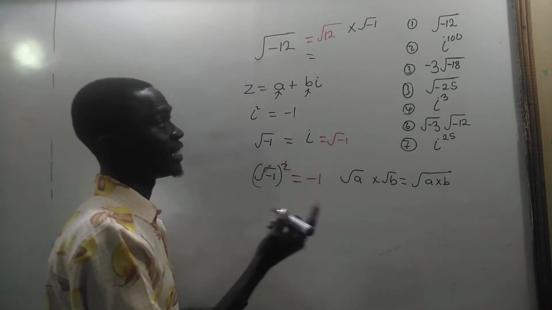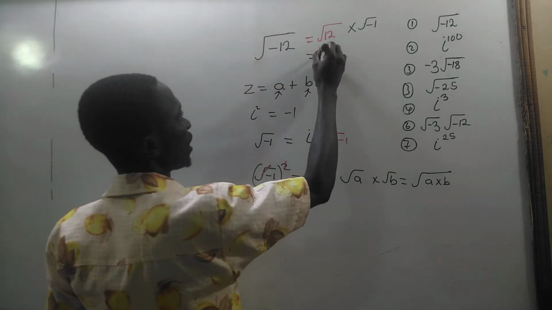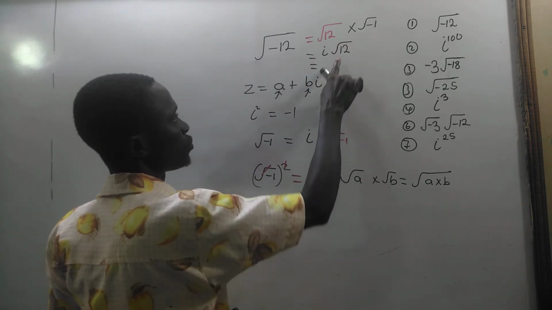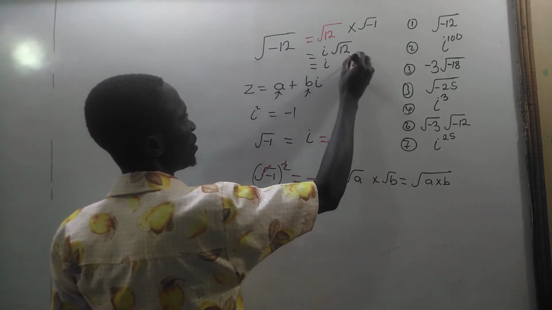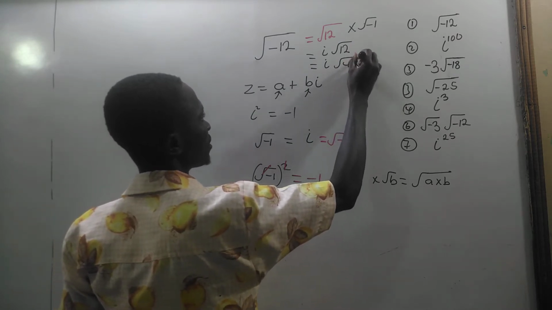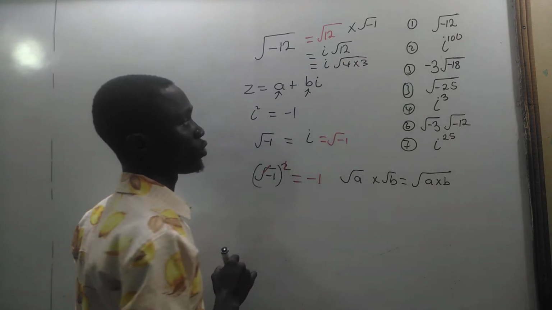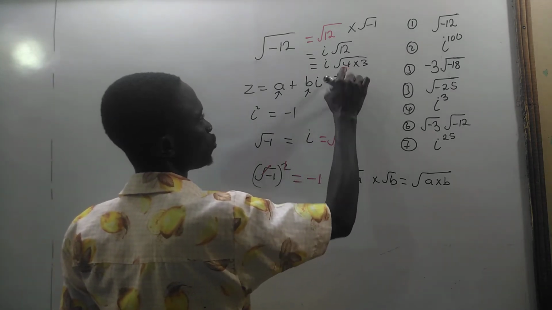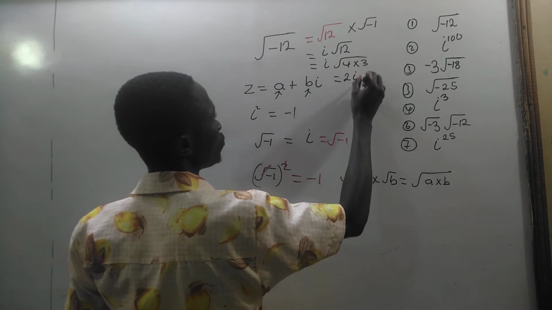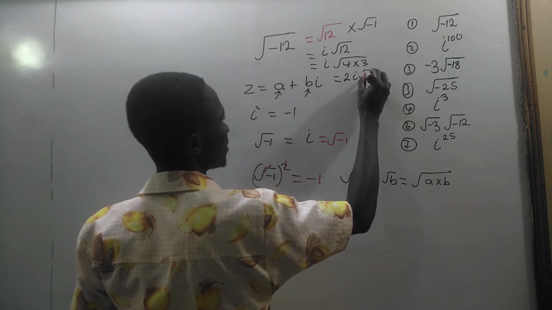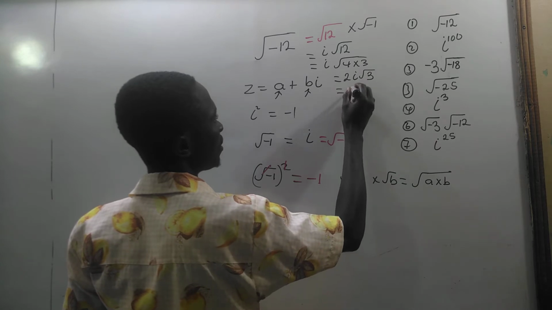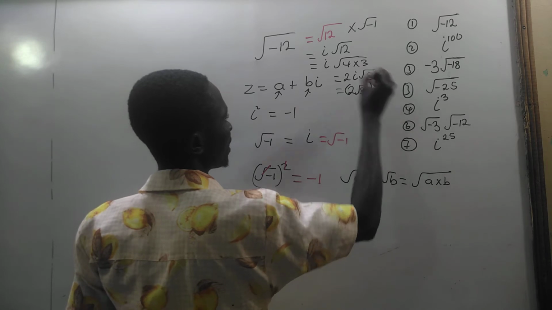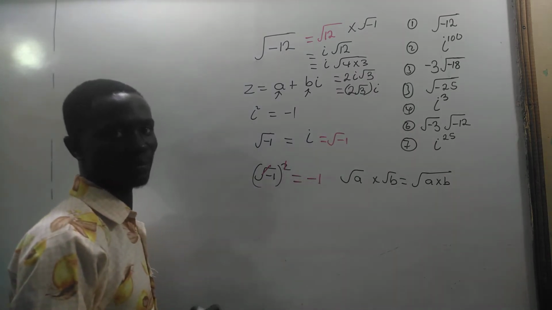Other people use j, but we are using i. So you're going to have i root 12, which is equal to, root 12 is the same as root of 4 times 3, and now root 4 is 2, so you are going to have 2i root 3, which can be written as 2 root 3, then you can bring the i to the back.